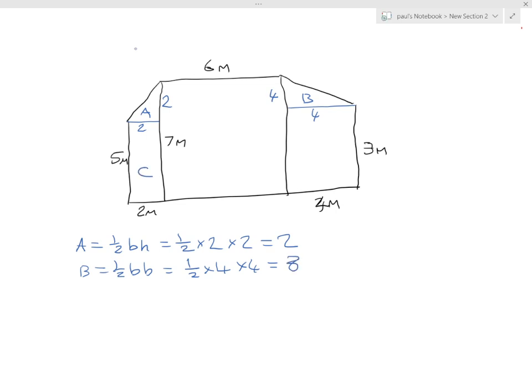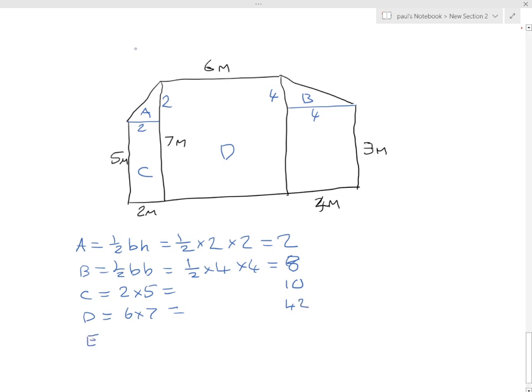C is a straightforward rectangle, which is 2 times 5 equals 10. D, big one. D is 6 times 7, which is 42.